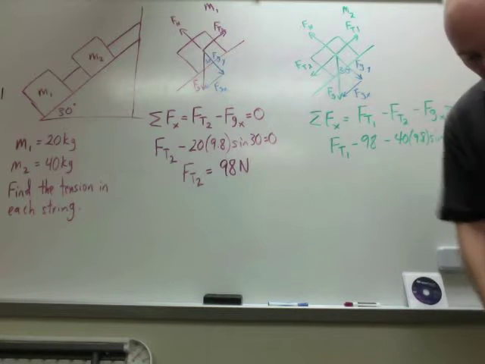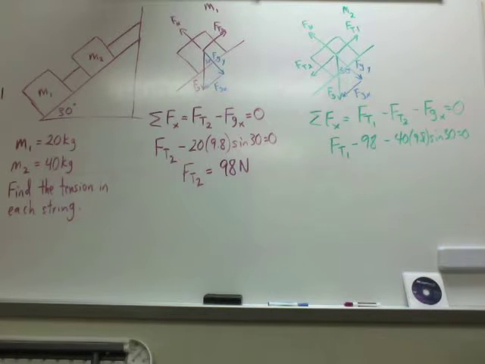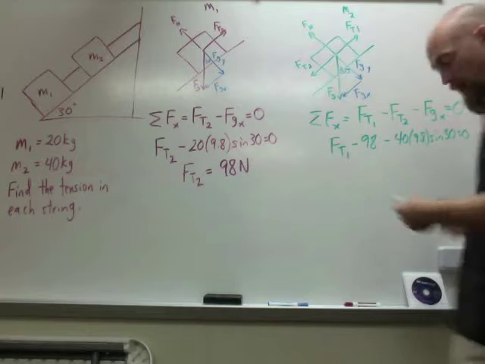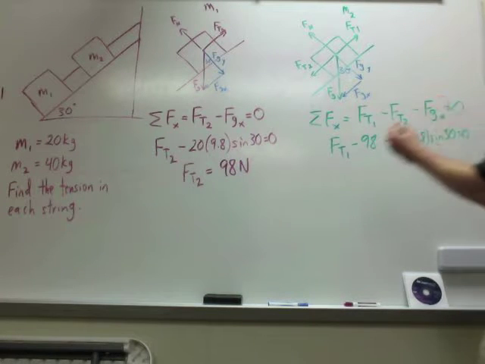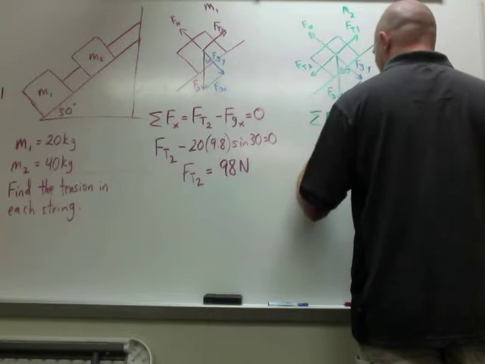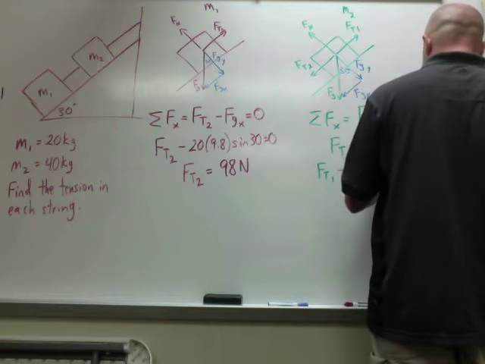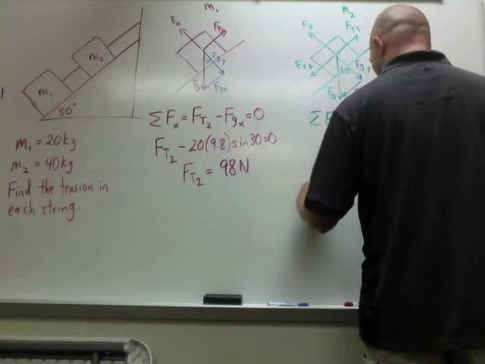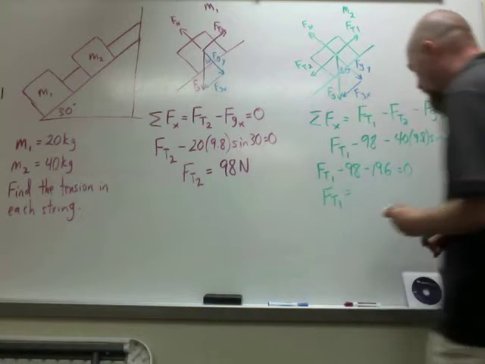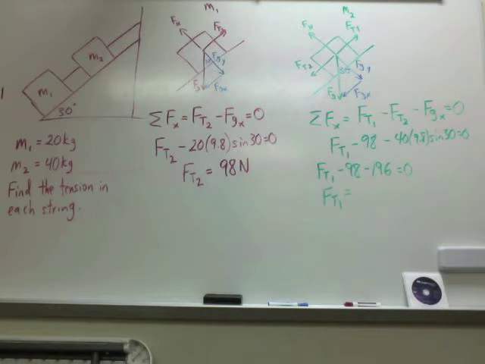So 392 divided by 2 is 196. I don't know why I had to do that in my head. So I'm going to end up with FT1 minus 98 minus 196 equals 0. So I get FT1 equals, let me add 98 to that, and you get 294.